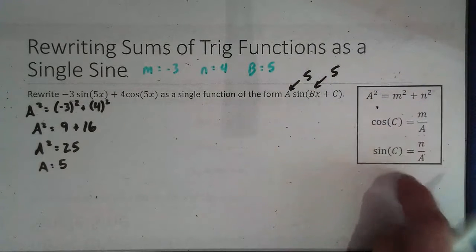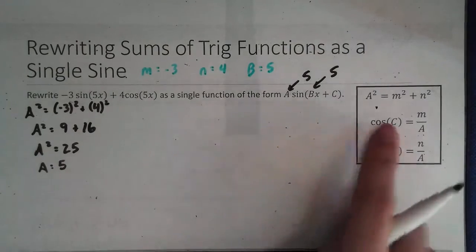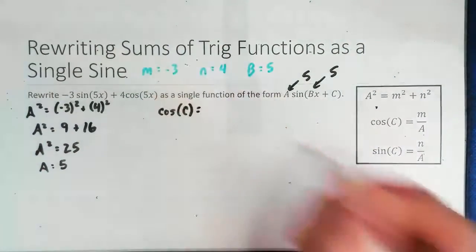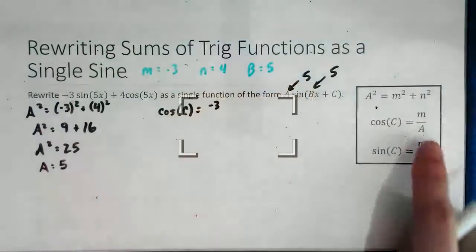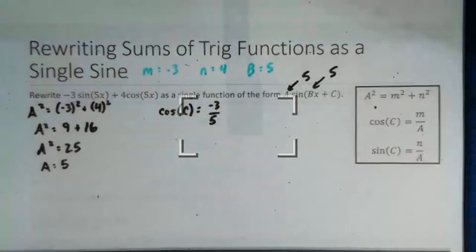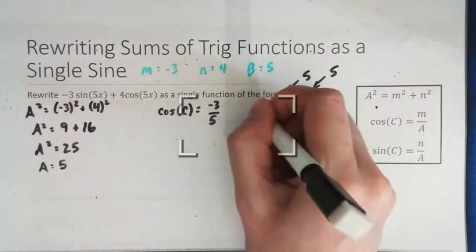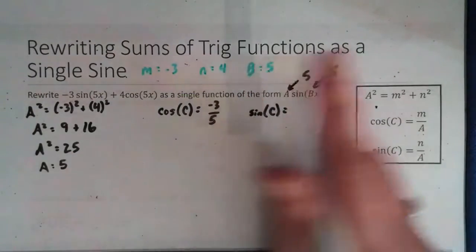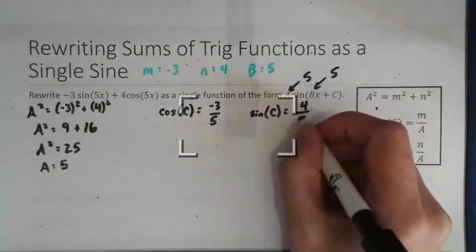I'm going to use both of these equations, and you'll see why in just a second. Setting it up, the cosine of c is equal to m, which is -3, over a, which is 5. Setting up my sine equation, I get that the sine of c is equal to n, which is 4, over a, which is 5.